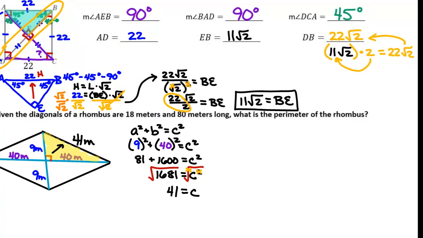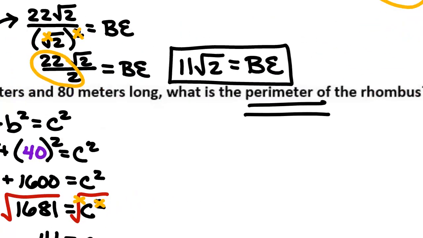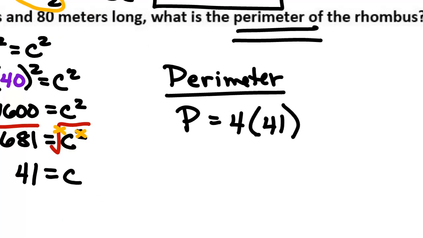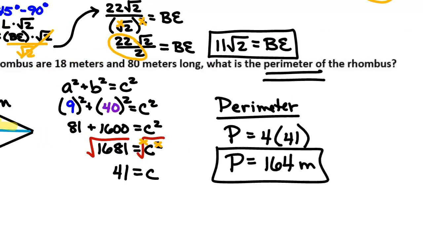How would I find the perimeter now? 41 times 4. What is 41 times 4? 164 meters is our perimeter.